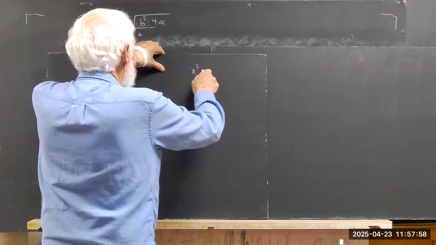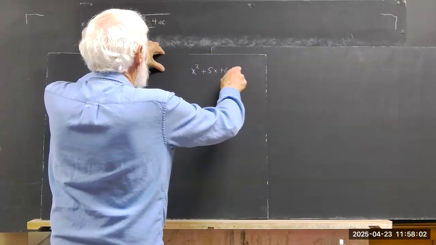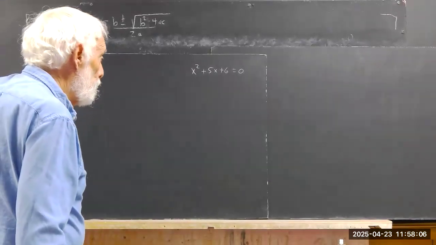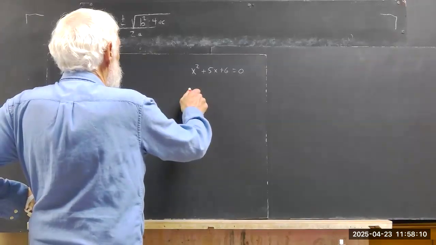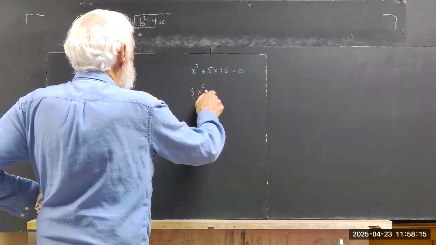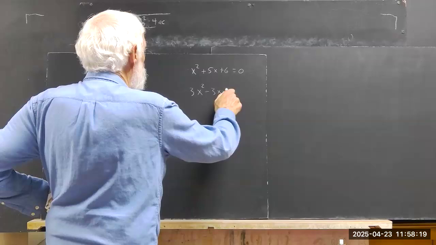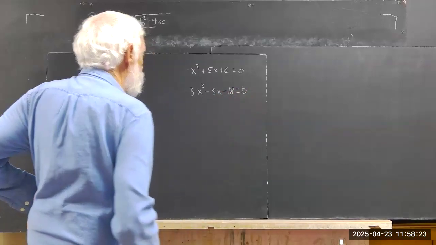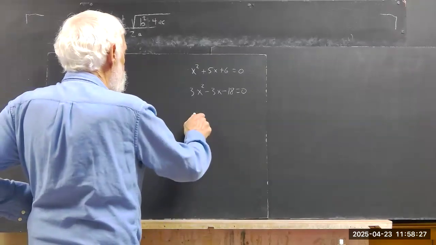Try x squared plus 5x plus 6 equals 0. Three x squared minus 3x minus 18 equals 0.